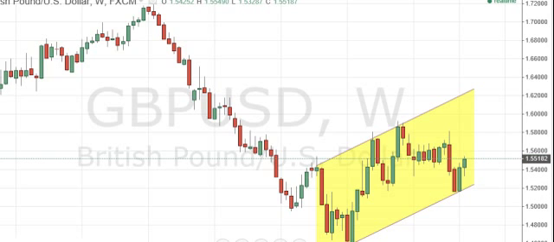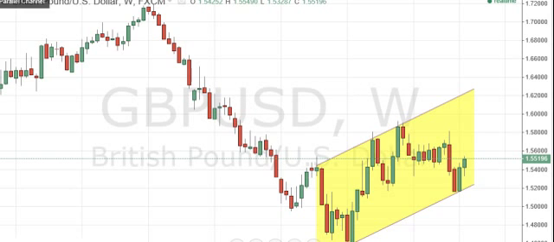So far, if we try to anticipate a resistance level, we're looking at the 1.5580, and we would like to draw a line in particular from the high.